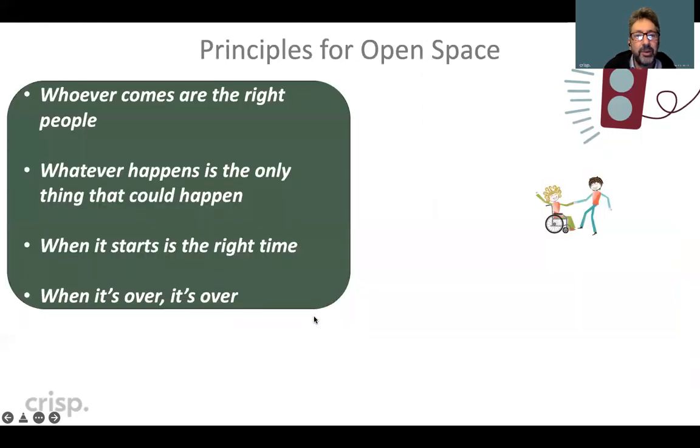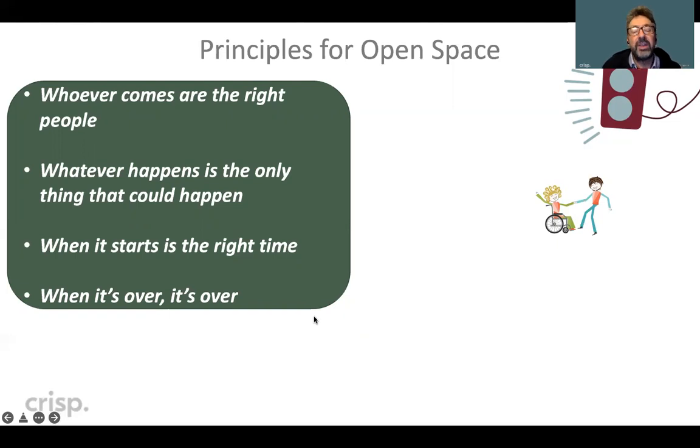The principles behind open space is that whoever comes are the right people. The people showing up at the session are the ones who wanted to be there, who are interested in talking or doing what the session topic is about. And that means that whatever happens there is the only thing that could happen, because it was those who appeared there who did it.